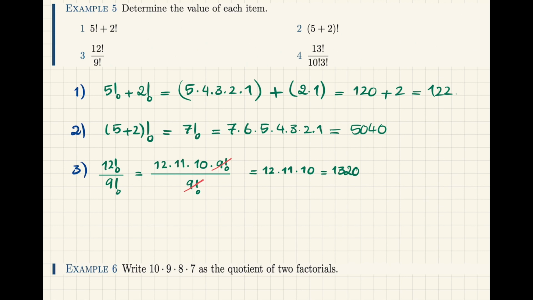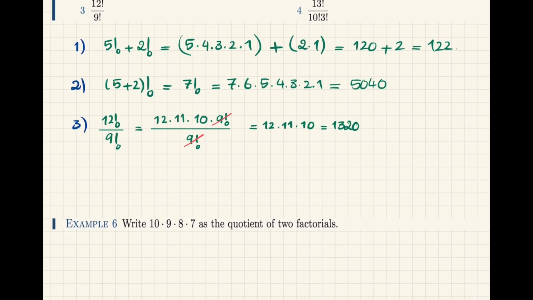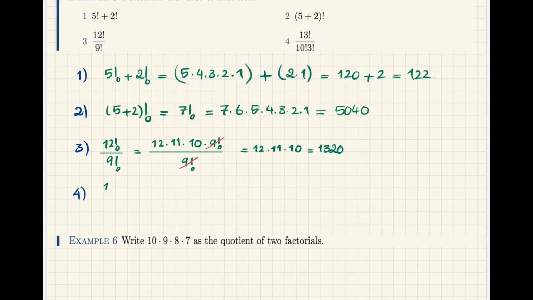My goal is to write it up to some point so that you can simplify these expressions without having to write all these factors. So finally, number 4 in this example: we have 13 factorial and then 10 factorial multiplied.